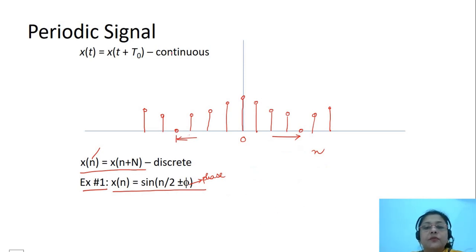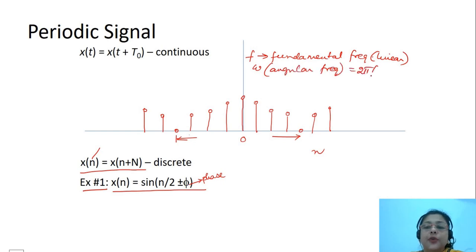One thing we must remember here, F is known as the fundamental frequency and this is the linear frequency. We also have another frequency omega, which is the angular frequency, and it is given as 2 pi f. Now T0 equal to 1 by f. So this is the relation.